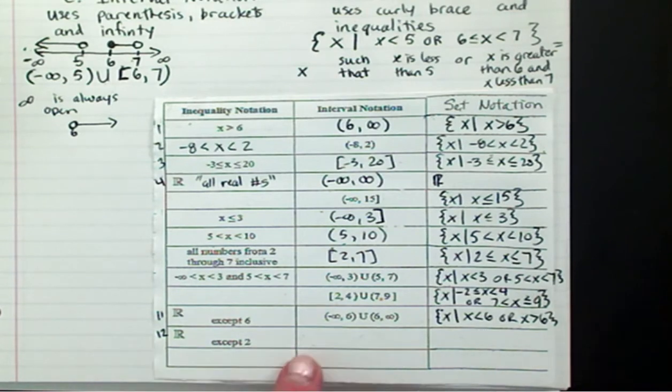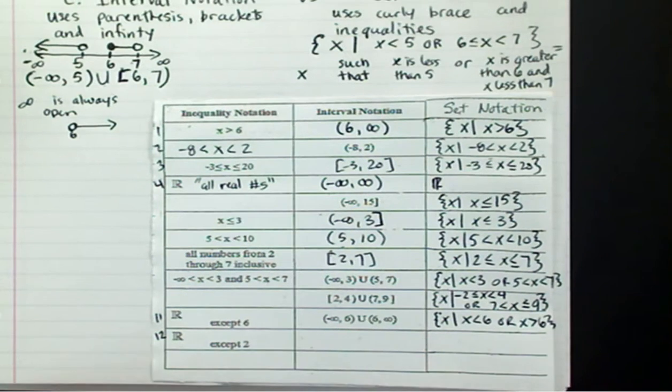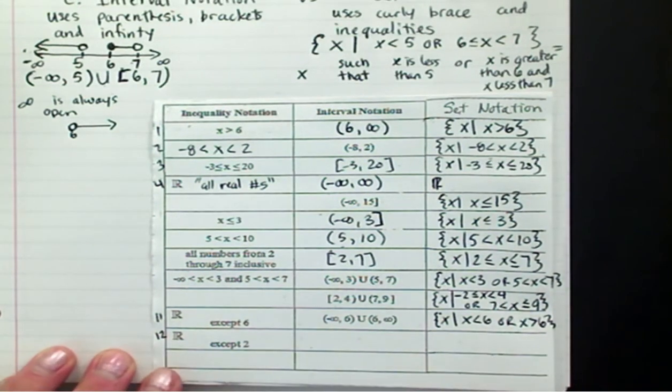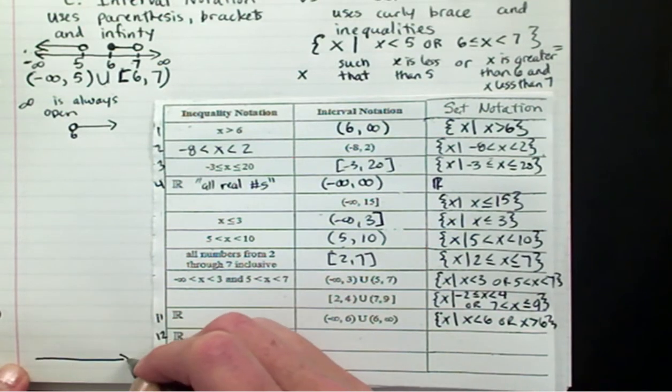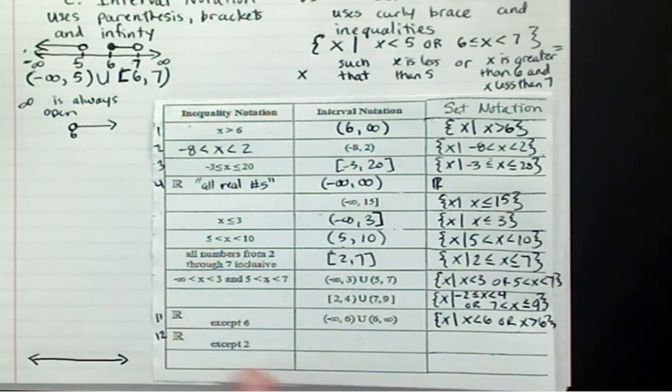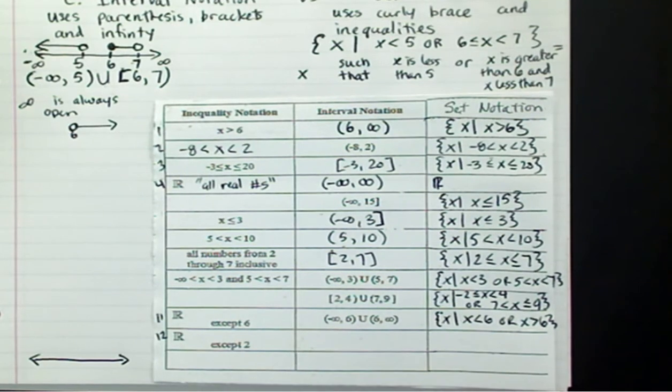All right. Try that last one here. And then I'm going to give you a graph. And I want you to fill in the interval and the set that goes with it.